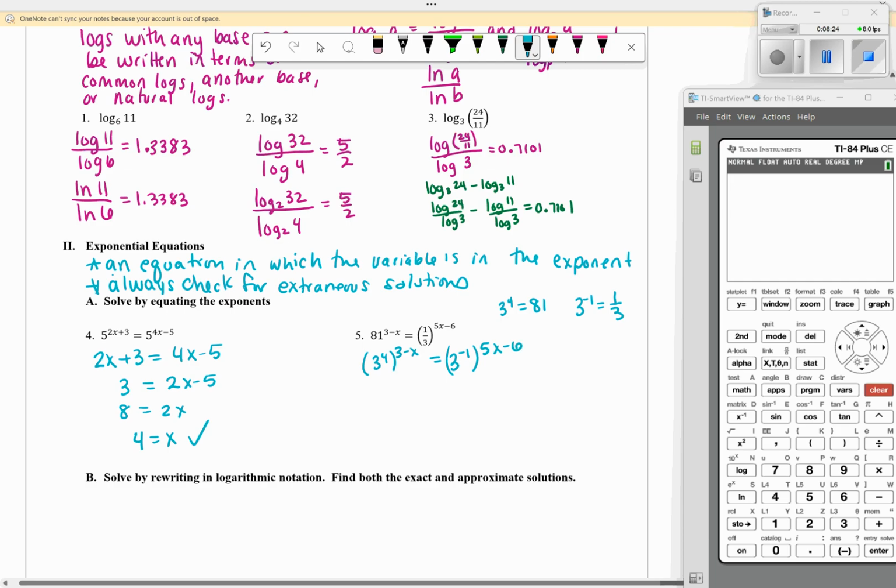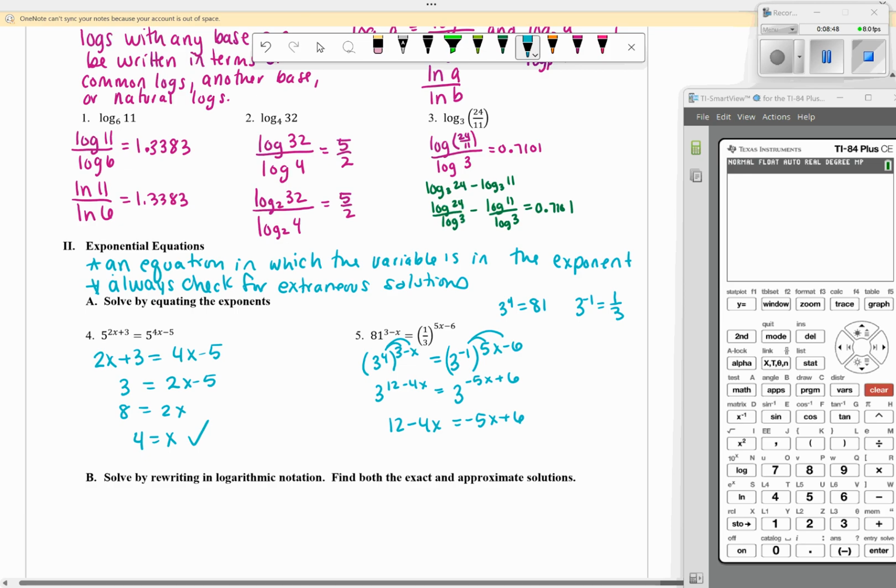And then we have 5x minus 6. So here you want to do the power rule. So this would be 12 minus 4x is equal to, power rule here, 3 to the negative 5x plus 6. And then you're going to drop those bases and set the exponents equal now. So 12 minus 4x is equal to negative 5x plus 6.